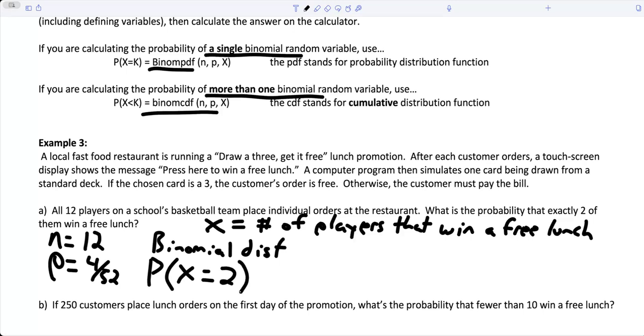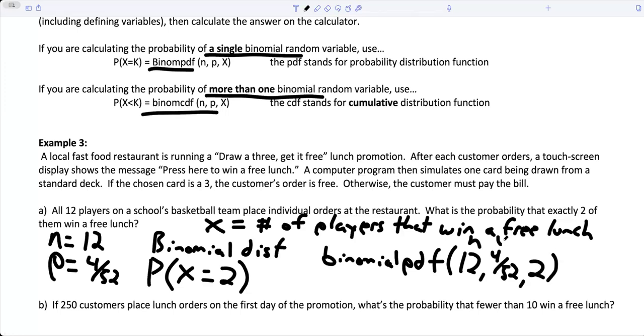So binomial PDF. And we've got 12, 4 out of 52, and then 2. This is N and this is P. Label them, please.